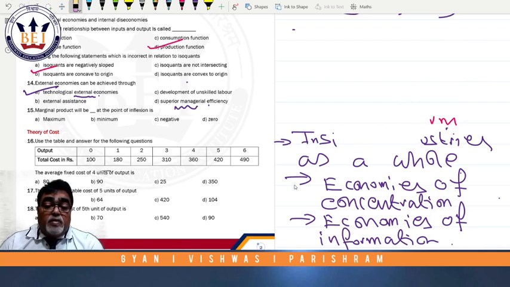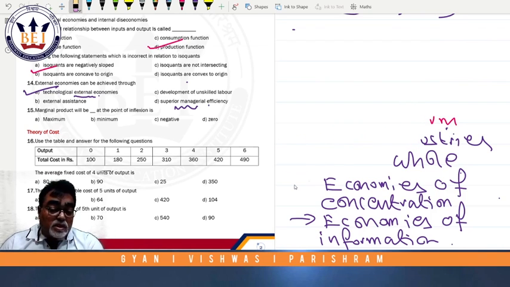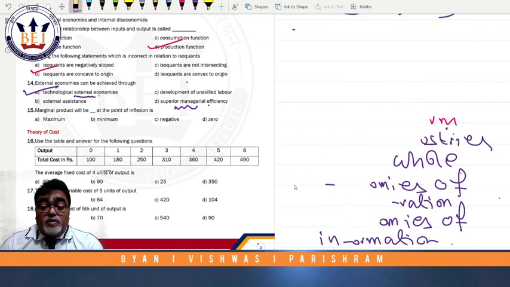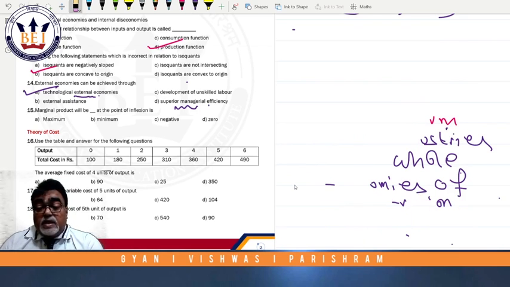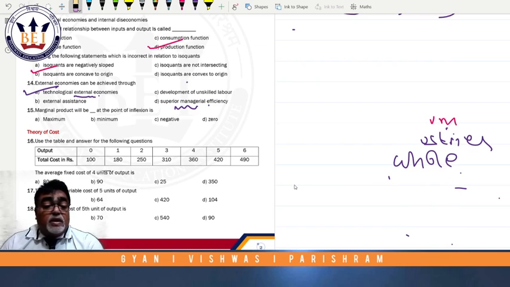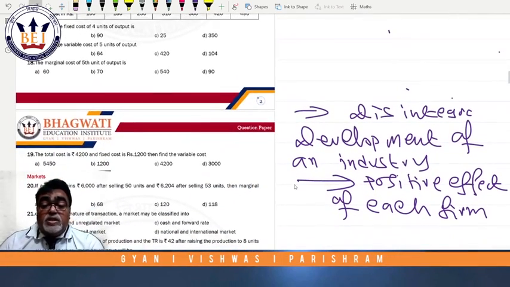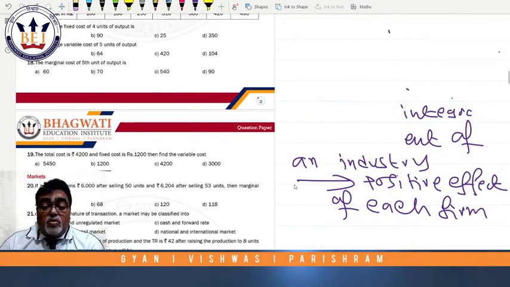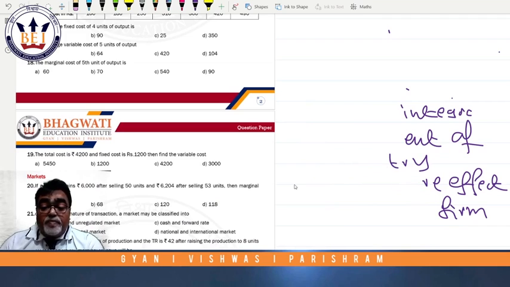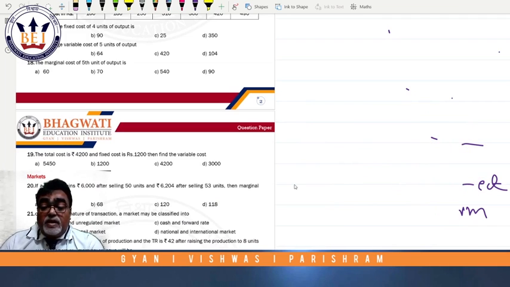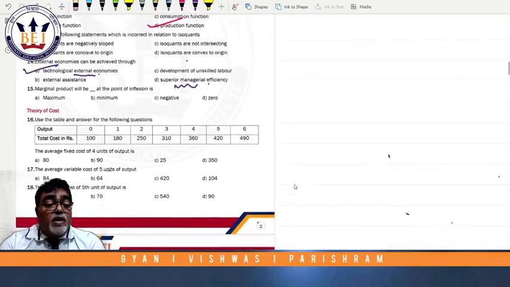Development of unskilled labor is not possible because it comes around these economies of scale. You may be in dilemma between external assistance and technological external economies. But for external assistance, they have not specified which type of assistance they are talking about. Option A is more specific. That is why we have chosen option A as our answer.